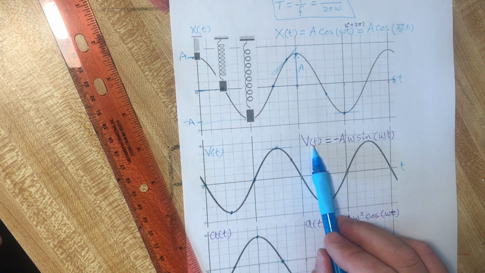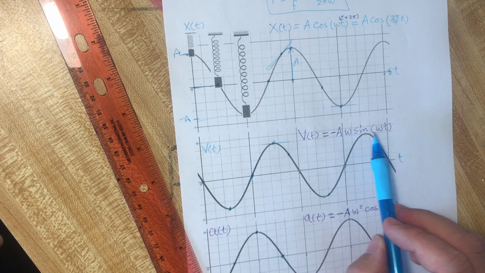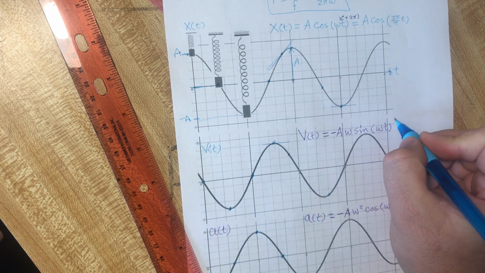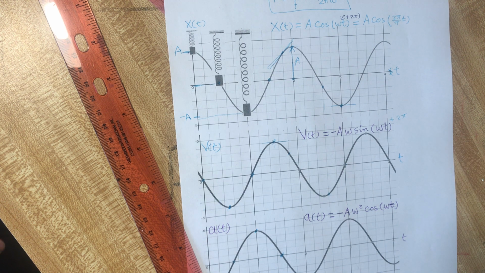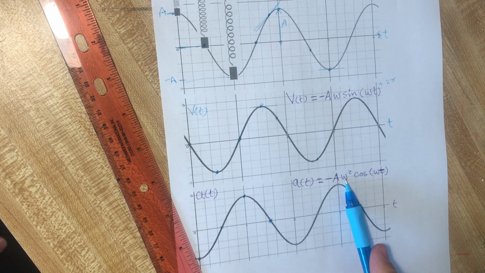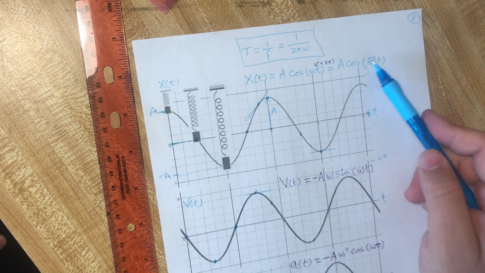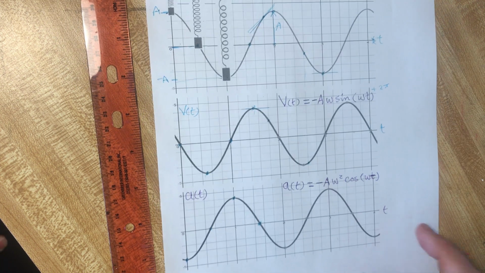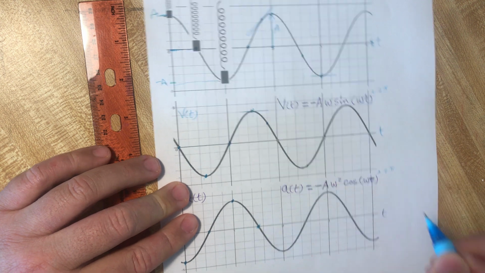The velocity function of t is equal to minus A omega sine omega t, plus we can put 2 pi, it's okay. And the acceleration is minus A omega squared cosine omega t, and omega is 2 pi over T. It's the same. We can add 2 pi also.